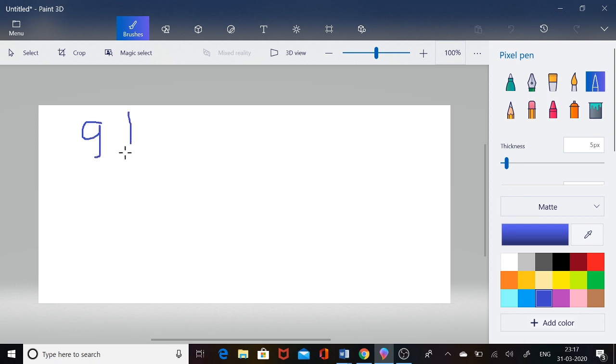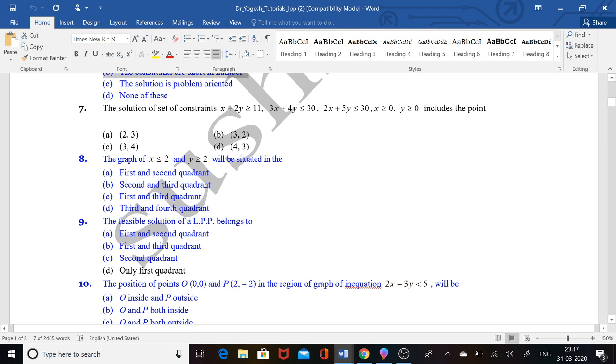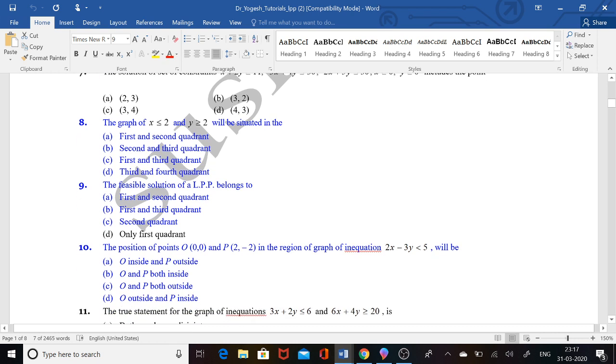Checking the ninth answer: again the ninth is a fundamental concept. The physical solution of the LPP belongs to the first quadrant. The options given are the first and second quadrant.